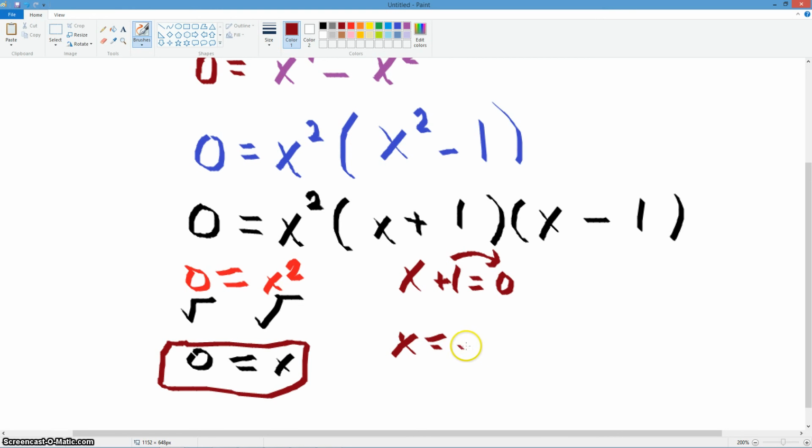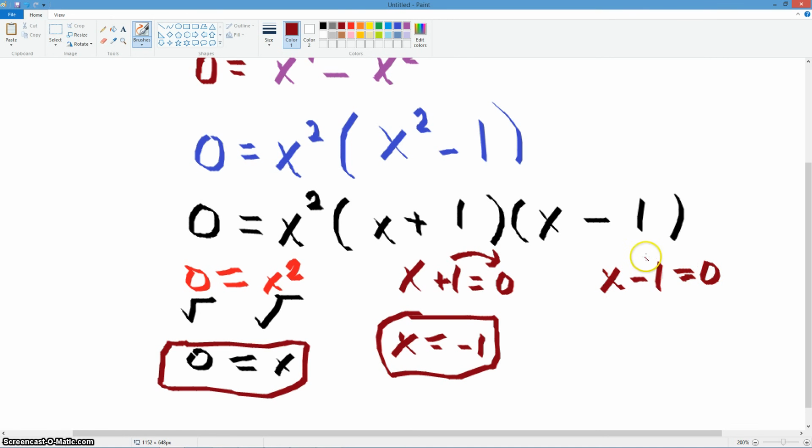So I get here, x equals negative 1. Here I have x minus 1 is equal to 0. Move this negative 1 over, and I get x is equal to positive 1. All right, I only see 3 answers, so where could my fourth one be?